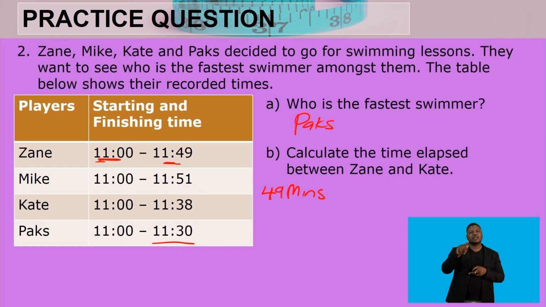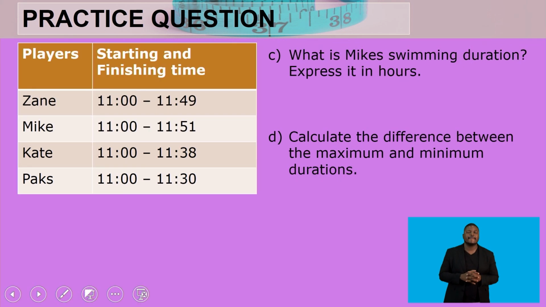And then Kate, it took her 38 minutes. So what is the difference between their times? We're going to say 49 minus 38, which gives us 11. So their difference in time is that they are apart by 11 minutes.